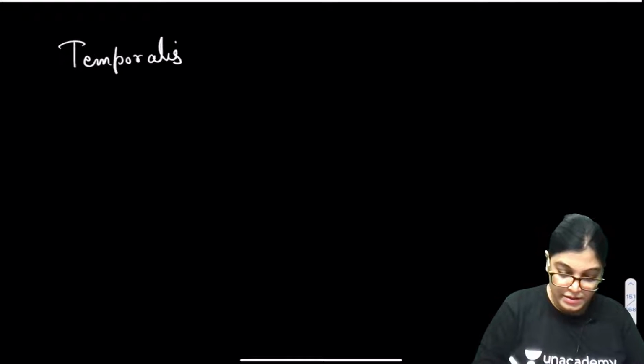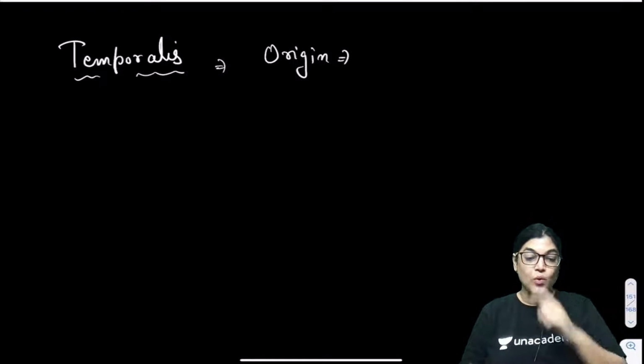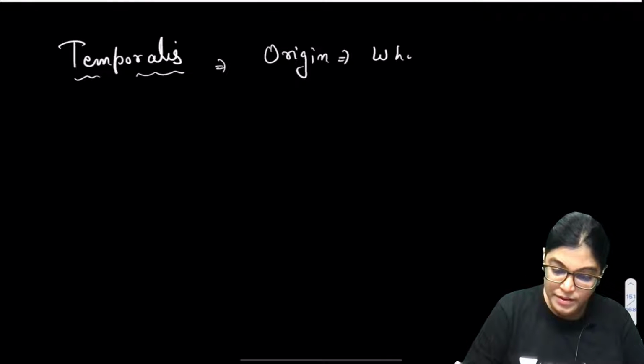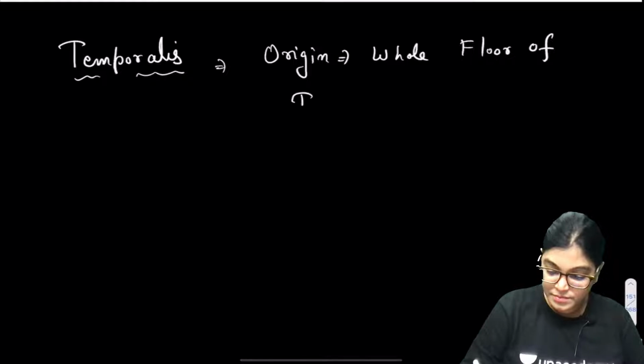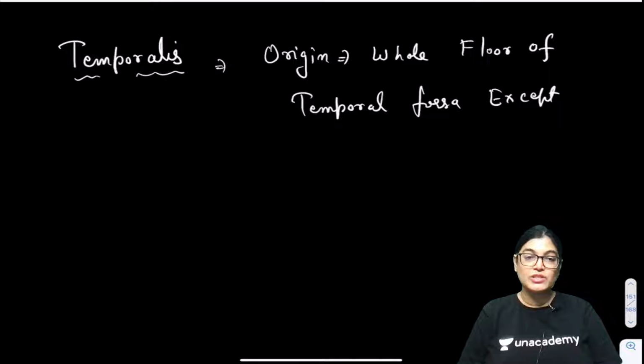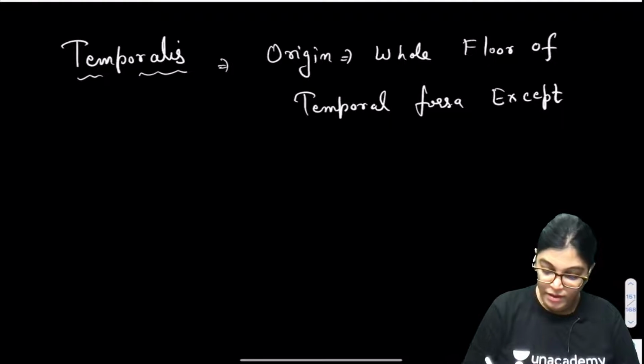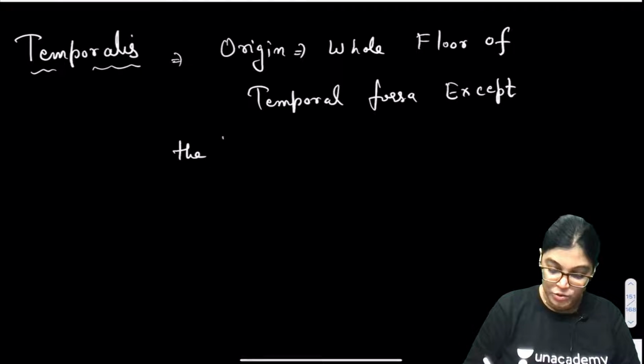When we talk about the origin of the temporalis muscle, it originates from the whole floor of the temporal fossa, except the part formed by the zygomatic bone.